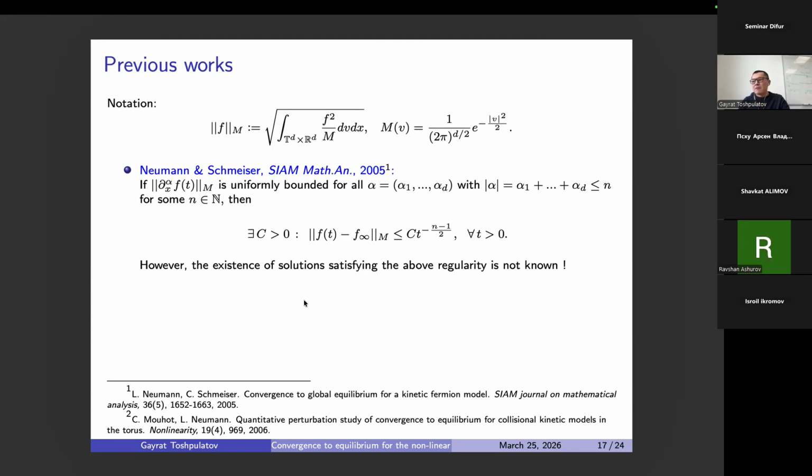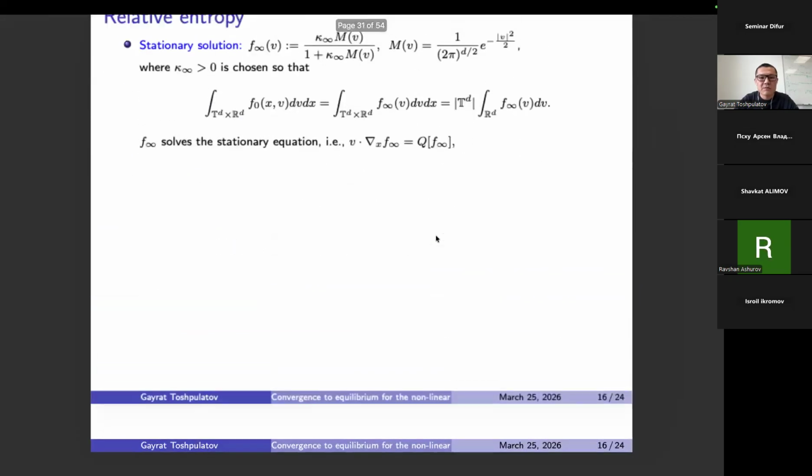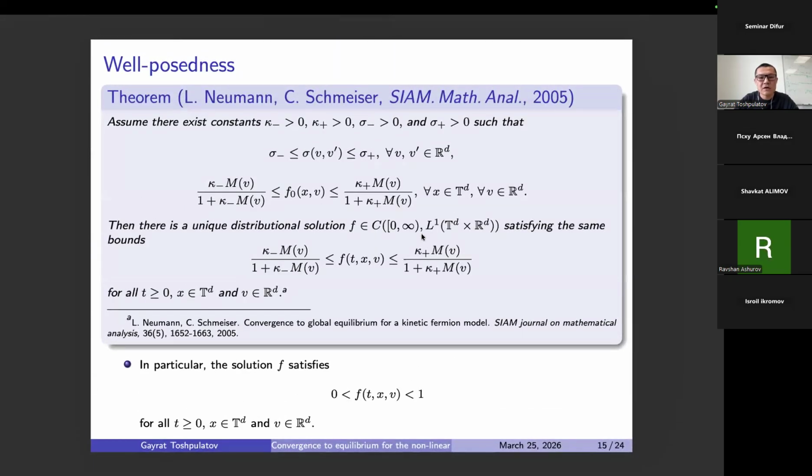We don't know, but there can be such a solution. There is an existence result, but it doesn't have such regularity conditions. If we just ask bounds on the initial data, then we have only a distributional solution in L1. But one can expect, if we ask very nice conditions on the initial data, that it's regular and all partial derivatives are bounded, that such a solution exists, since there is no point where the velocity becomes very high, maybe. We don't know the existence of such a solution.